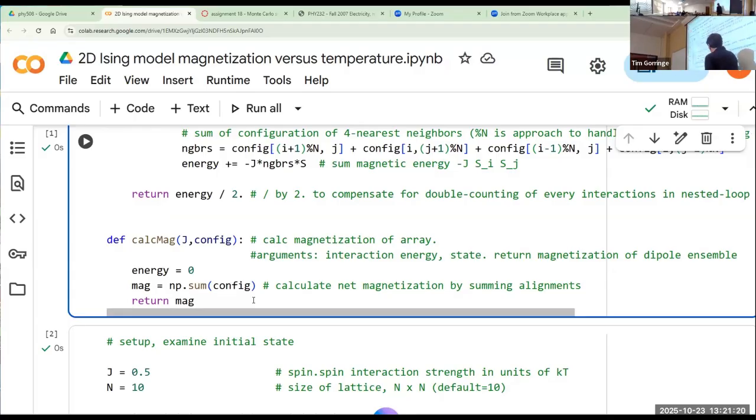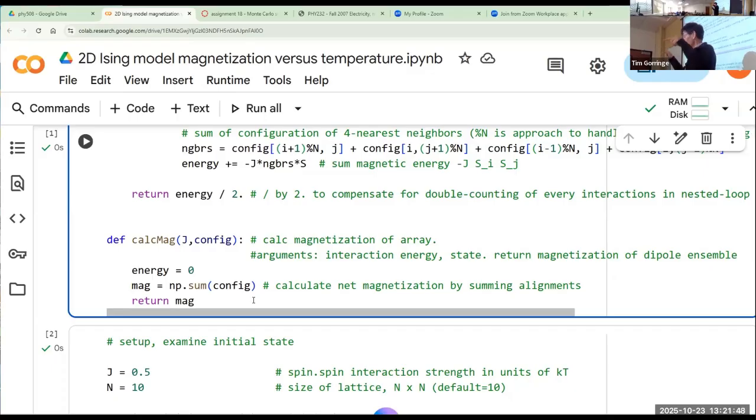So configuration holds the microstate of the system. If I add all the elements of configuration up, it's adding all the spin up ones with +1s, or the spin down ones with -1s. The net number is the overall magnetization.